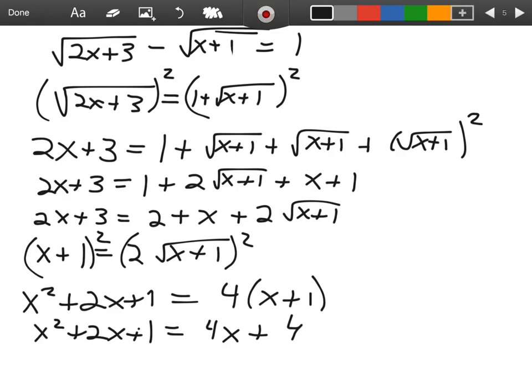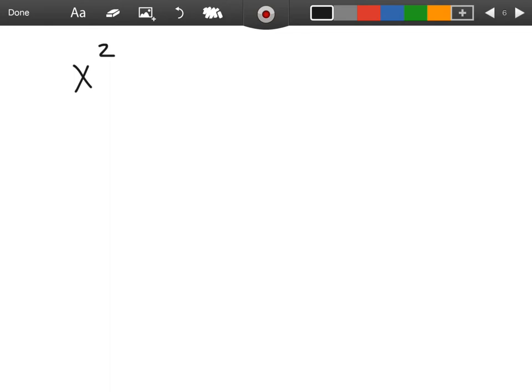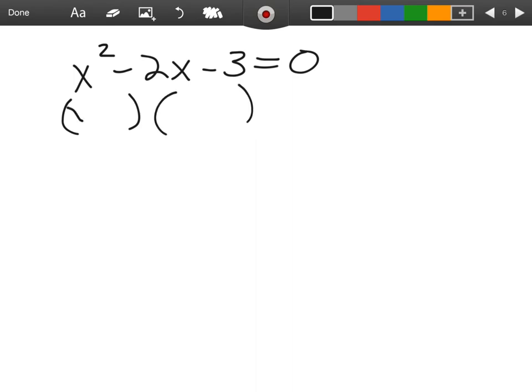If I subtract those over, I get x squared minus 2x minus 3 equals 0. I'm going to go to another page. It factors into x minus 3, x plus 1.